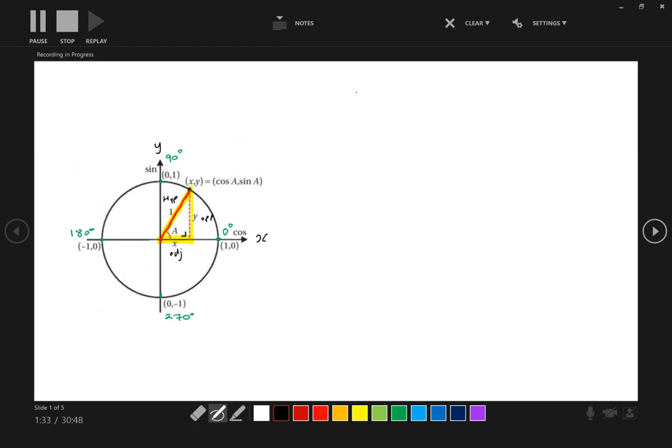So sine of A is equal to the opposite over the hypotenuse, so sine is equal to y, the y coordinate. Cos A is equal to the adjacent, which is x, over 1, so it is x. So this is where I'm getting cos A, sine A is (x, y).